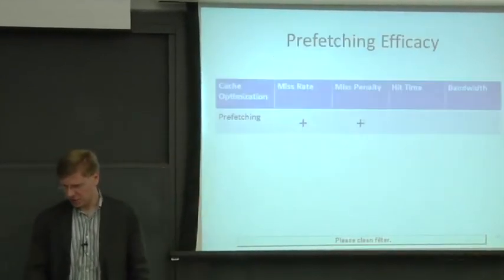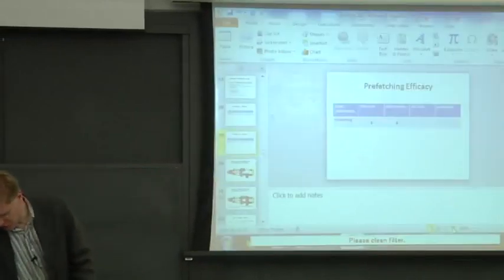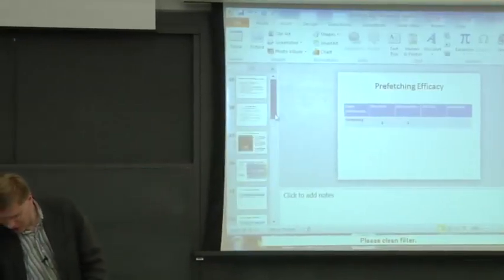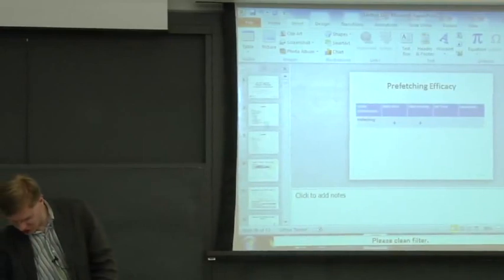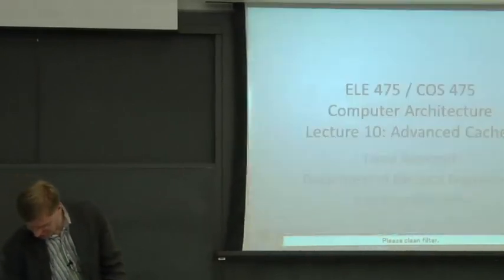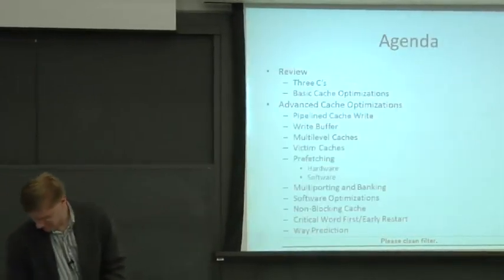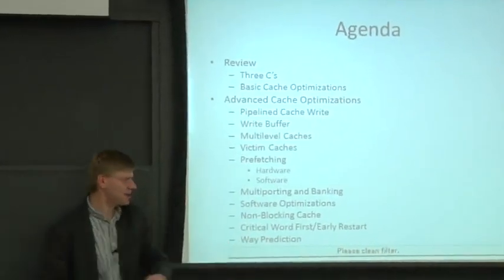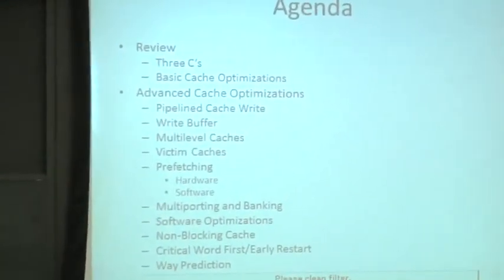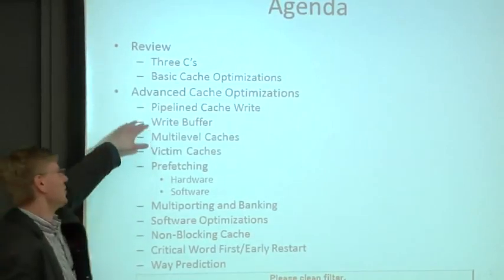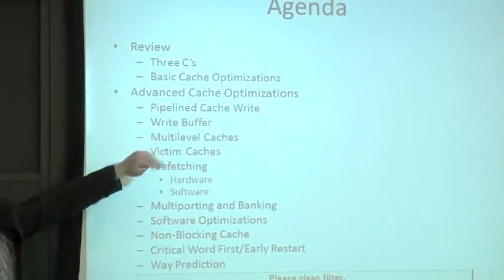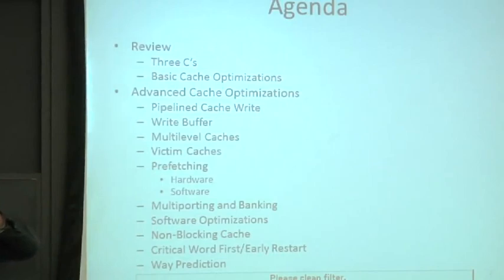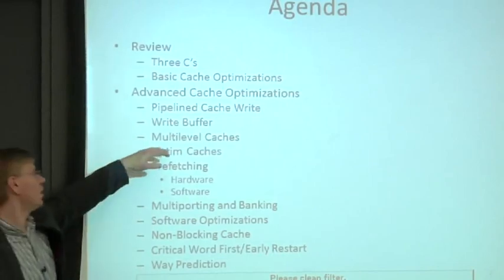Just to recap from last lecture, we have a revised agenda here, with all of our different cache optimization techniques or advanced optimization techniques. We talked about pipelining caches. We talked about adding a write buffer and a coalescing write buffer last lecture.